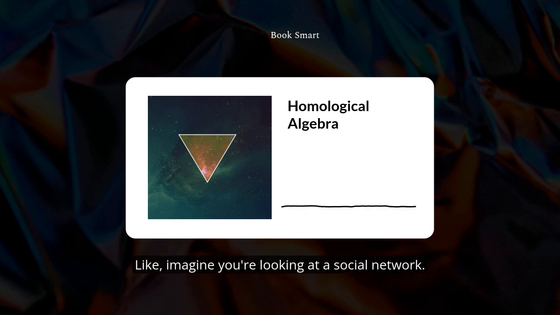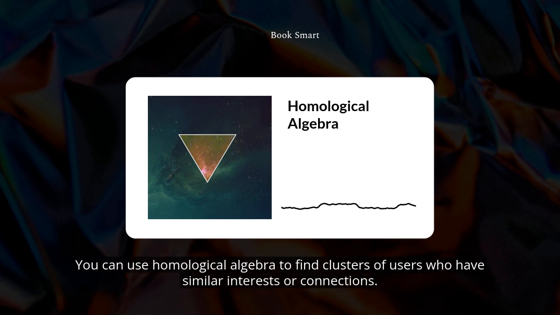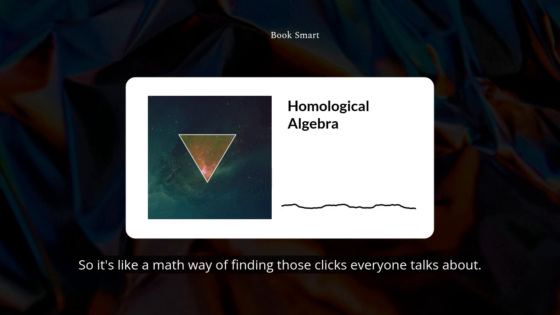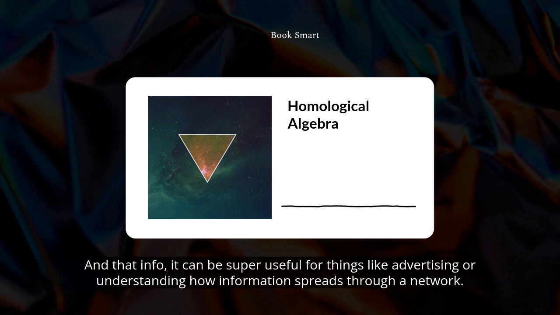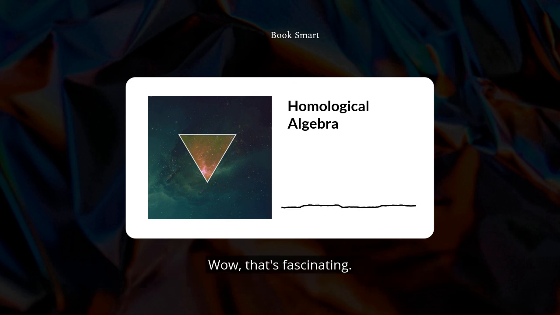Like imagine you're looking at a social network. You can use homological algebra to find clusters of users who have similar interests or connections. So it's like a math way of finding those cliques everyone talks about. Exactly. And that info can be super useful for things like advertising or understanding how information spreads through a network. Wow, that's fascinating. Are there any other real-world uses?